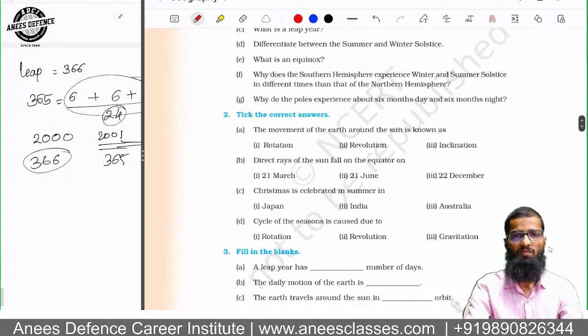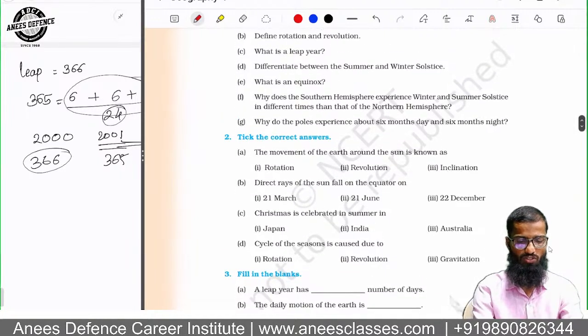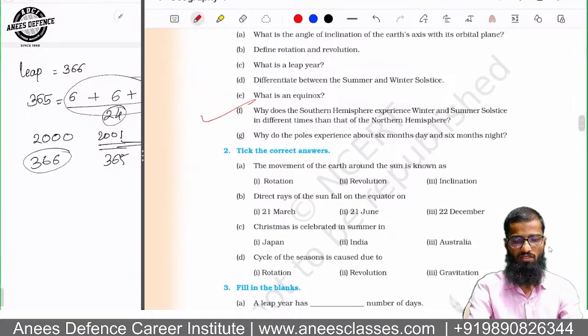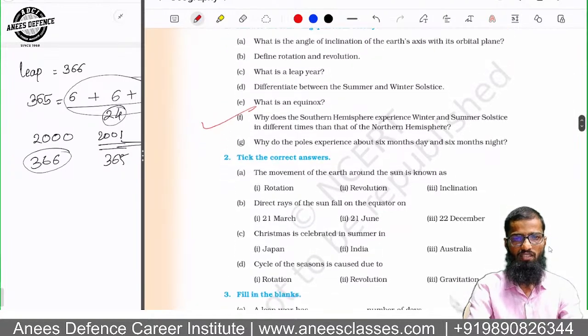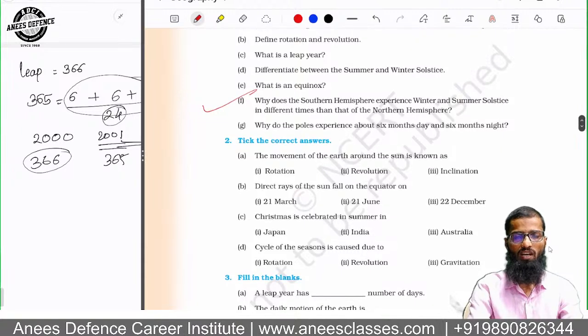Why does the southern hemisphere experience winter and summer solstices at different times than the northern hemisphere? देखो ये क्वेश्चन इंपॉर्टेंट है। अब ये होता है रिवोल्यूशन की वजह से। If you minutely check, you will get the answer as revolution.